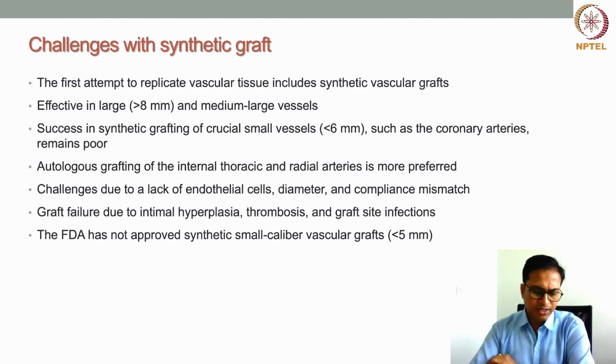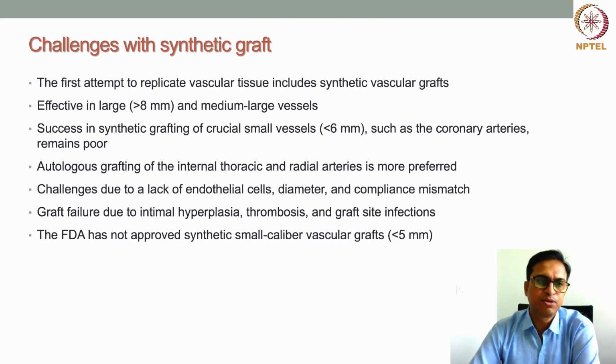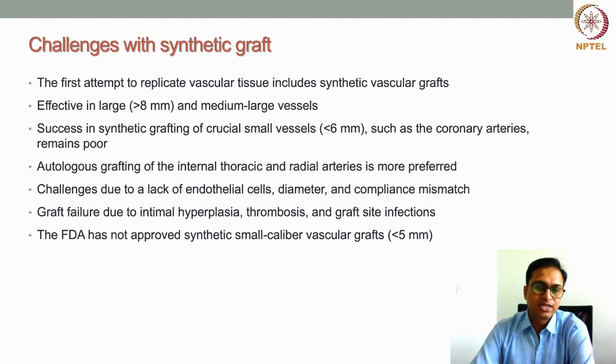Now, for larger blood vessels, synthetic grafts are very popular, and there are various success stories. These larger blood vessels are mostly made of either expanded PTFE or other materials. Such grafts are popular and successful because they can integrate very well with the existing blood vessels.